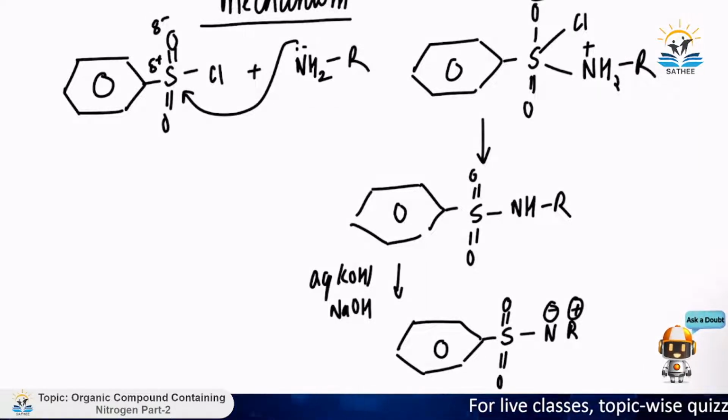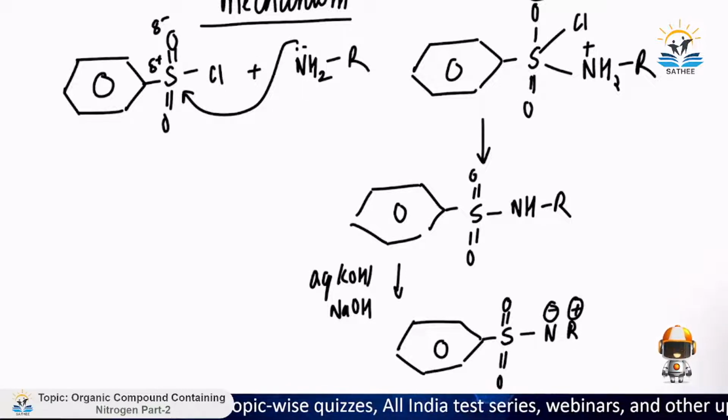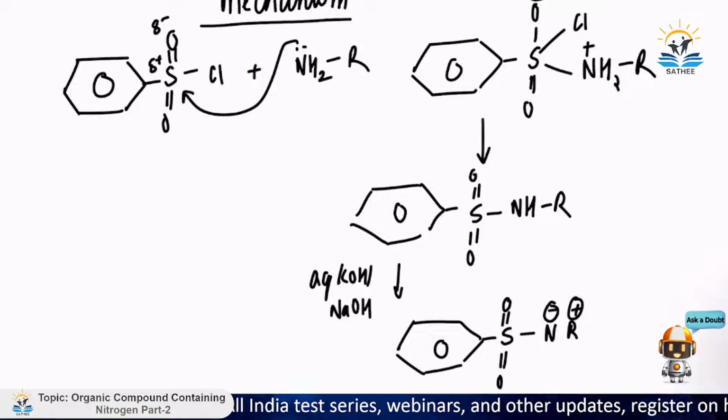Now what happens? We have this benzene sulfonyl chloride. It has Cl negative, and this primary amine goes and attaches there. Okay, the double bond is there. That is formed.